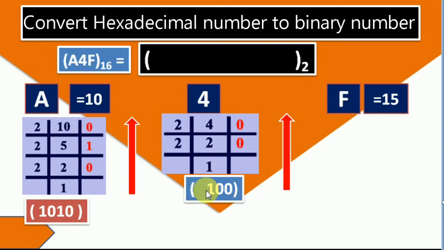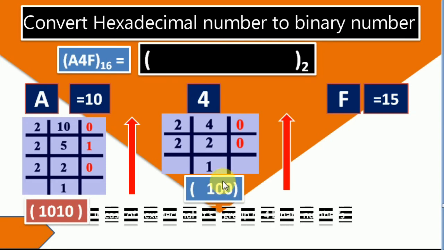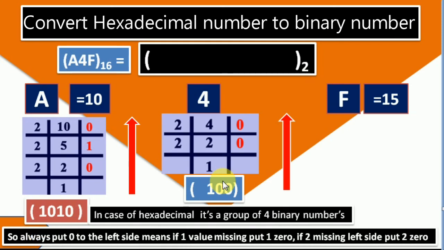In this case, there are only 3 digits. What are you going to do? We need to place a 0 on the left side. So here we put the number 0. Now the binary is completed, that is 0 1 0 0.